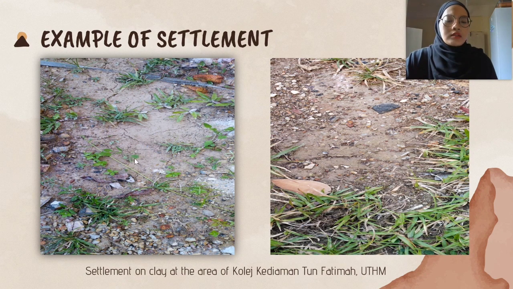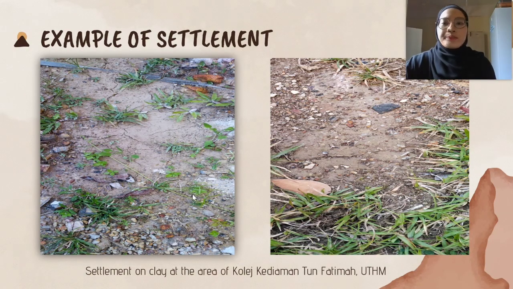We can see the water settling in this area, which can occur due to the imbalance of water content over here. This is not good for that area because it can affect the buildings around this place, because the imbalance of water content can cause consolidation settlement to occur in that area.